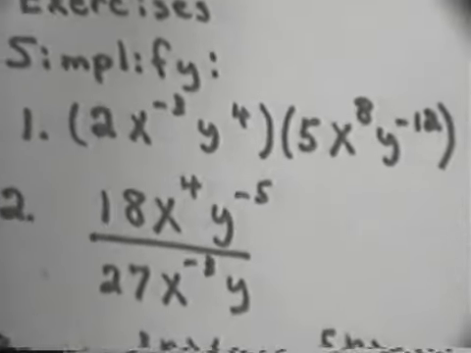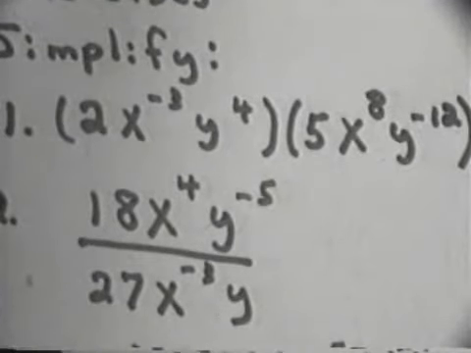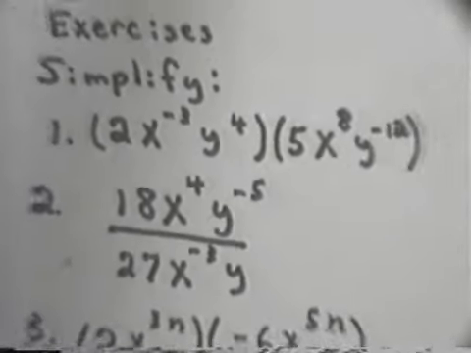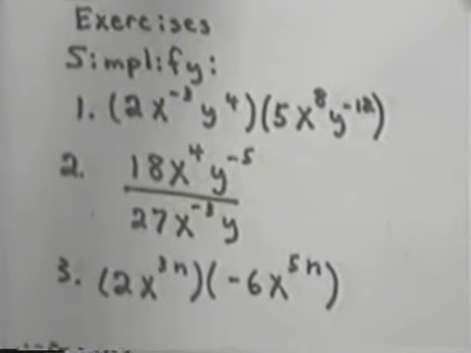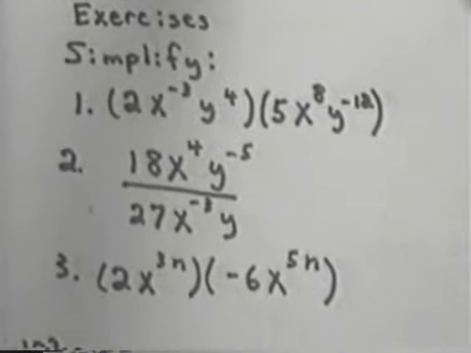It's kind of hard to see, but it's 18 x to the 4th, y to the negative 5, divided by 27 x to the negative 3, y. The third one, 2x to the 3n times a negative 6 x to the 5n. As soon as you get them copied, stop the tape.